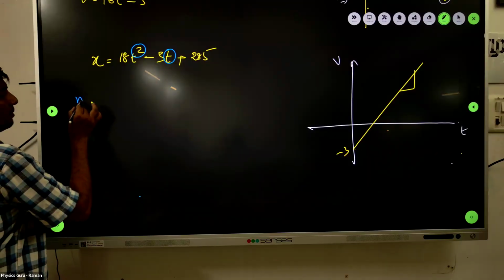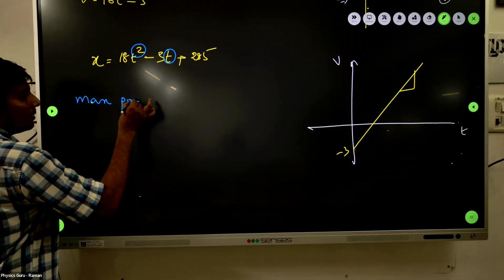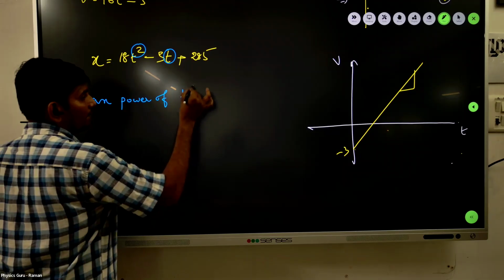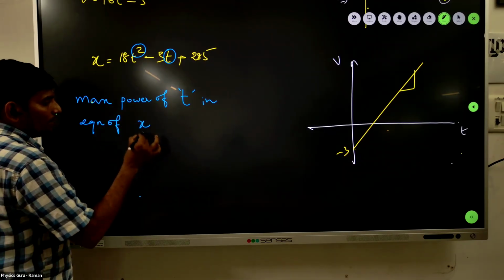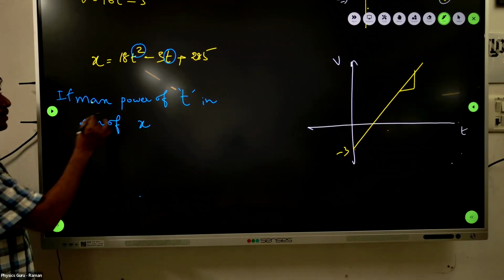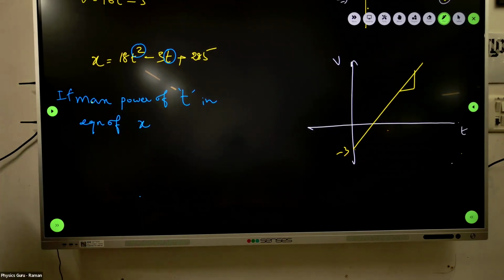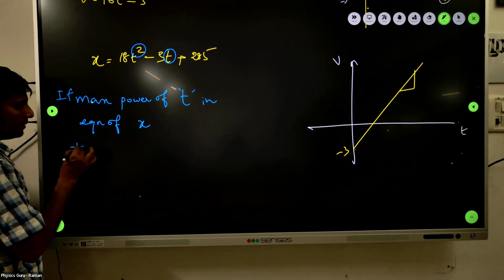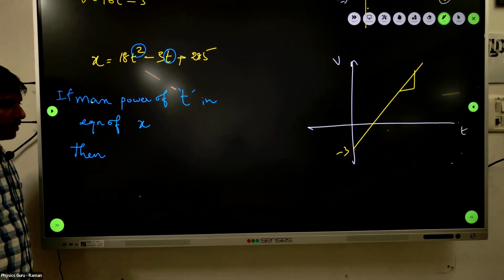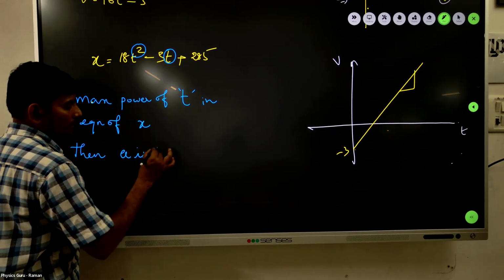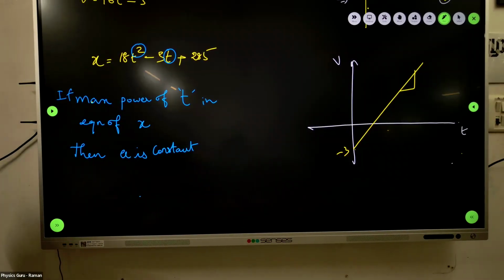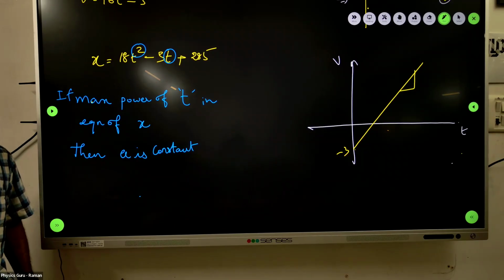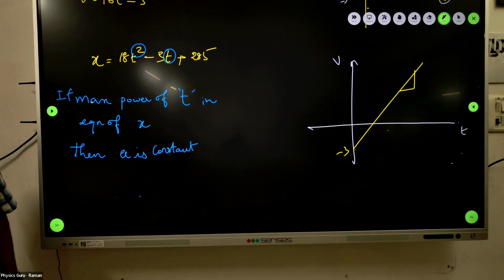Whenever you find the maximum power of time in the equation of displacement is 2, then you can be 200% sure that acceleration is constant. 100% be sure. Acceleration is constant. Got it?